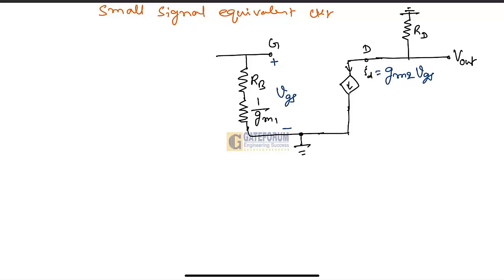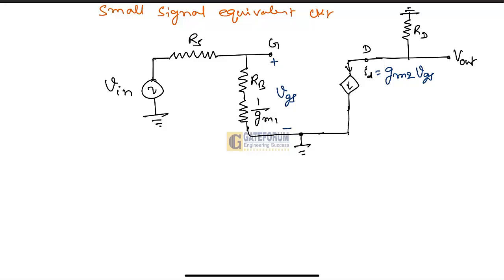The rest is the source, given as a voltage source. As a practical signal source, we have the rest as RS here. So this is RS, and this is a small-signal voltage, Vin.